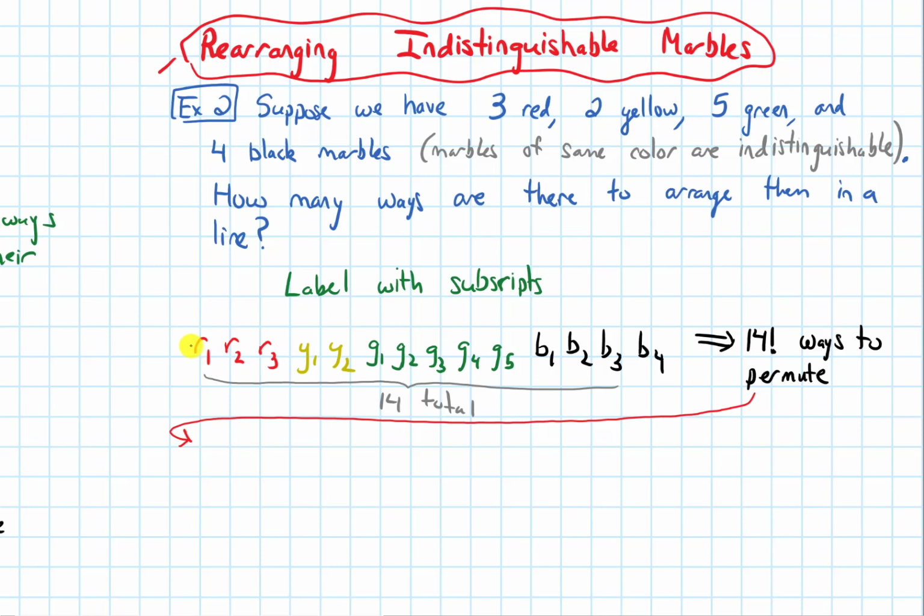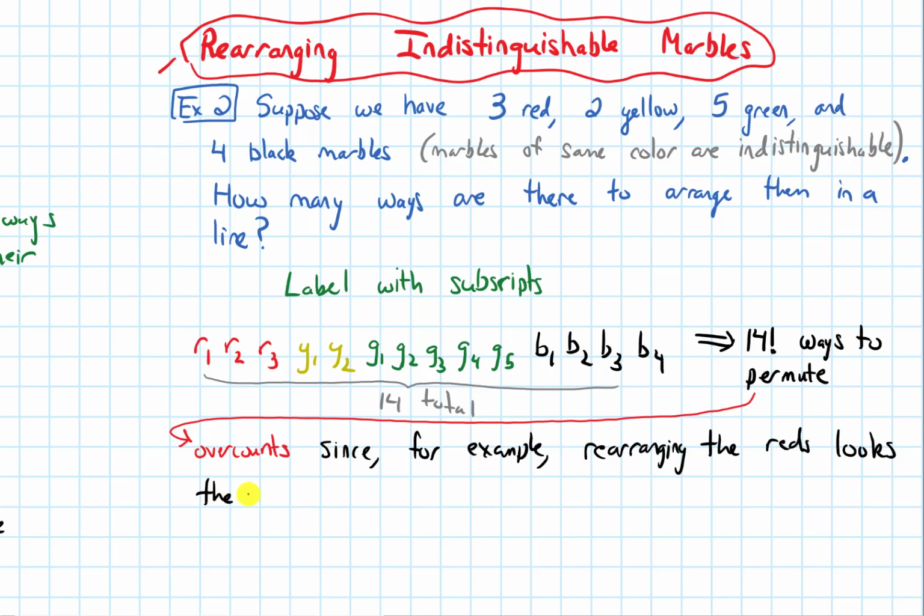If we rearrange, say, for example, all the reds individually, it doesn't change the overall order and what it looks like. So 14 factorial is going to over-account for that. It over-accounts since, for example, rearranging the reds looks the same.